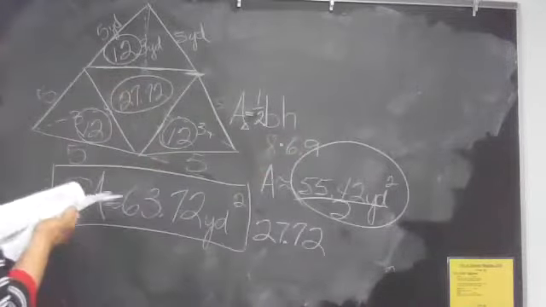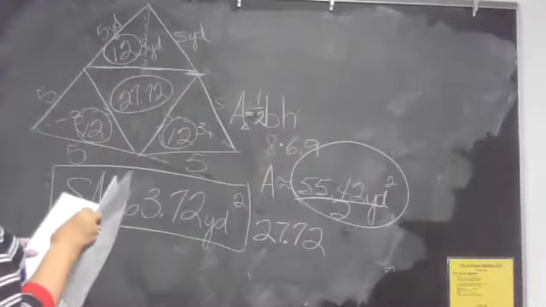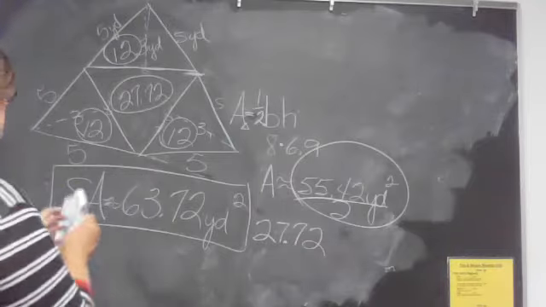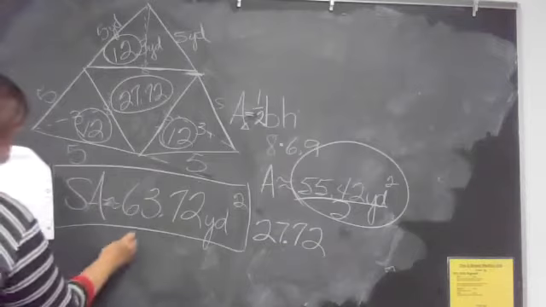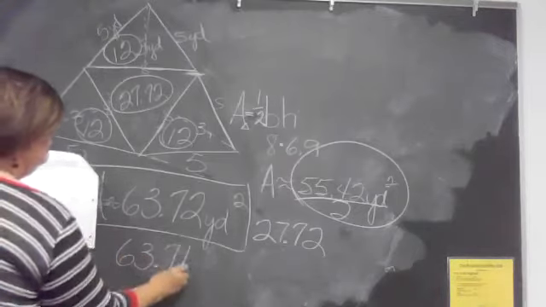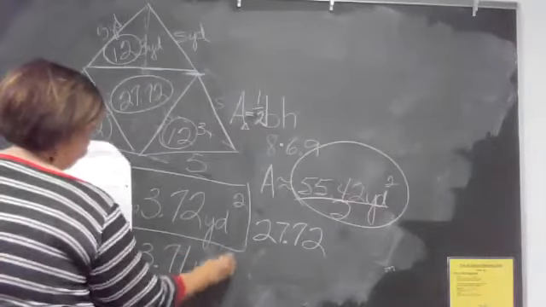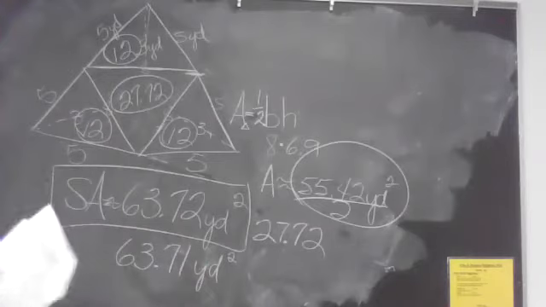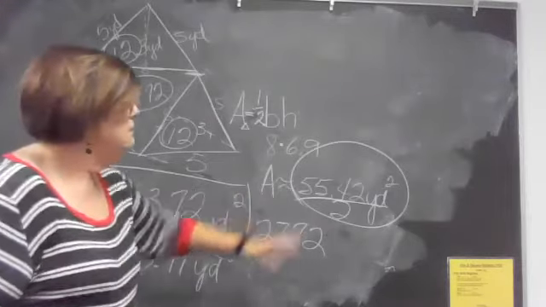They don't round. So, we got pretty close. The answer on the back, 63.71 yards squared. The difference here is just because of our rounding during the calculation.